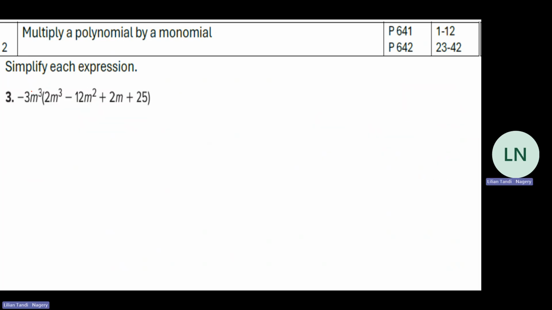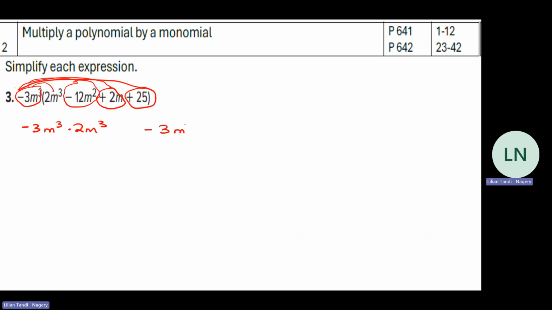Okay, same thing, distribute the coefficient to every term together with the sign. You see what I'm doing? You must take the sign of the term. So this will be negative 3m cubed times 2m cubed.